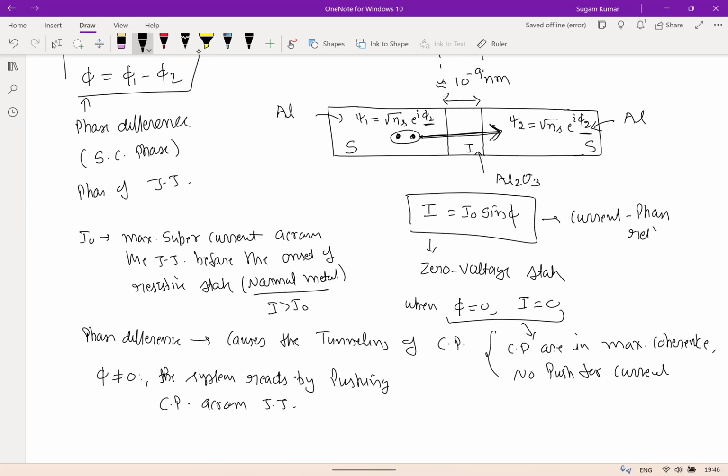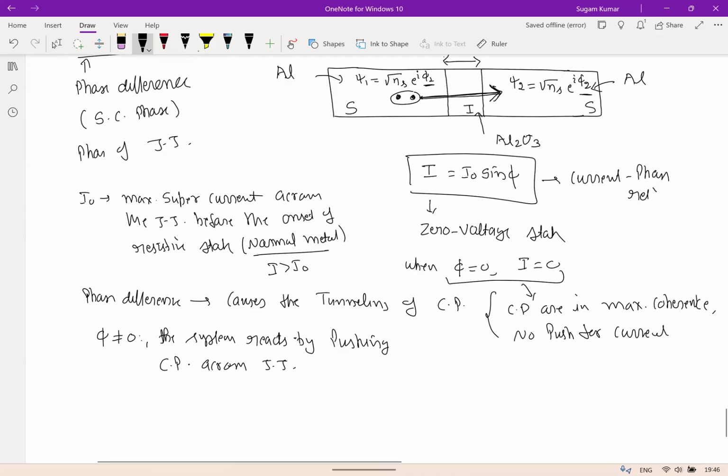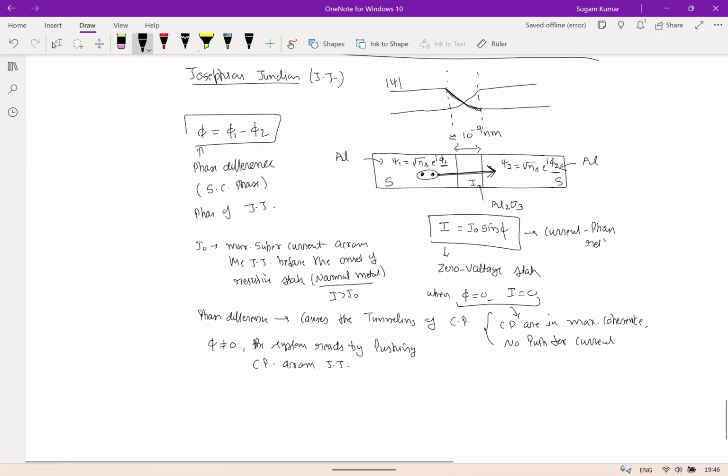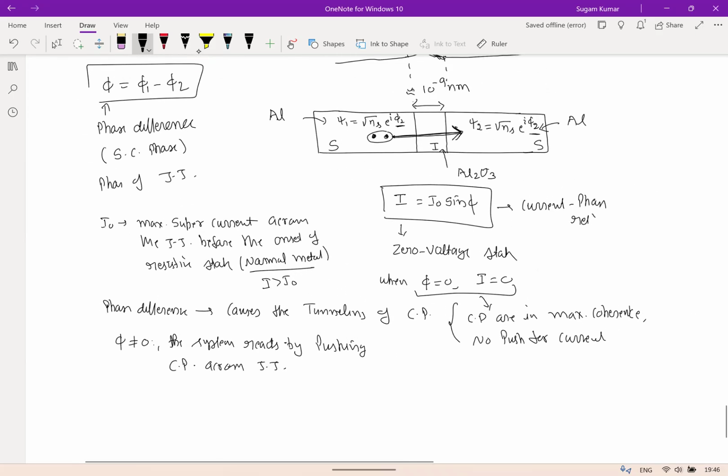If you're facing some problem, then think about two swings.